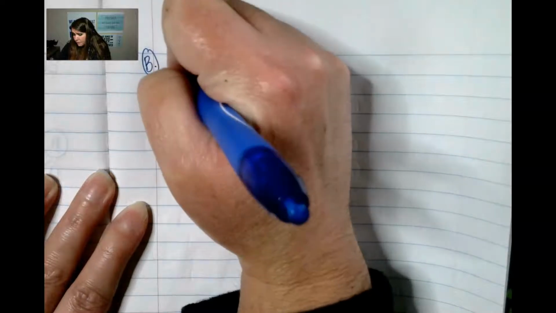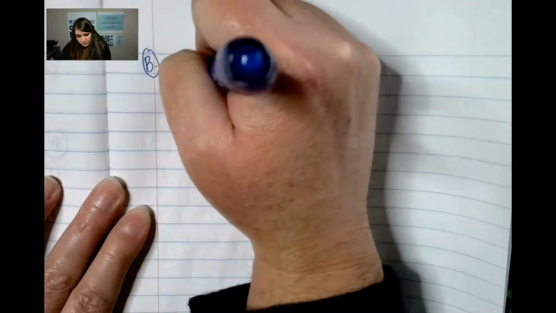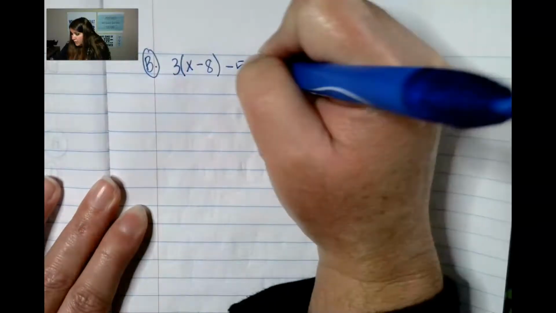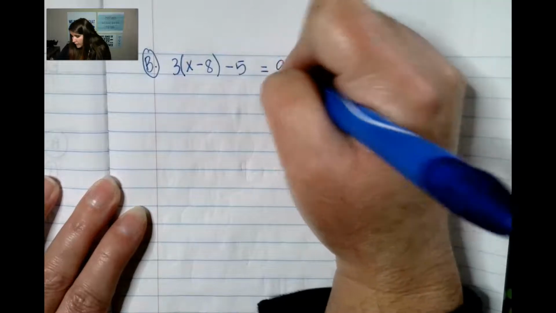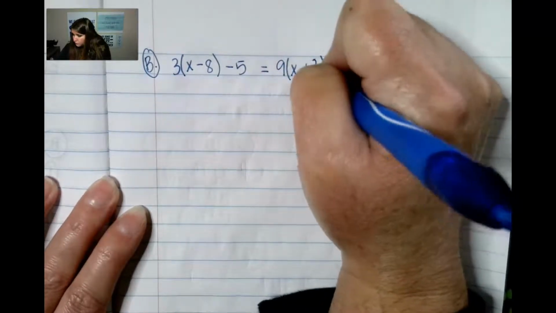So example B, and I said I was going to write a little bit smaller. So we have 3 times x minus 8, minus 5. And that's supposed to be equal to 9 groups of x plus 2.